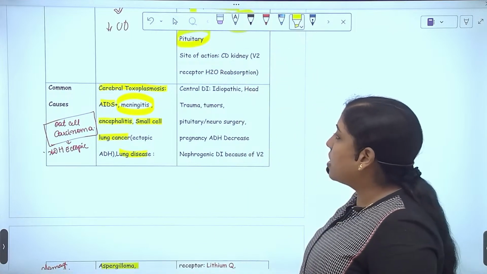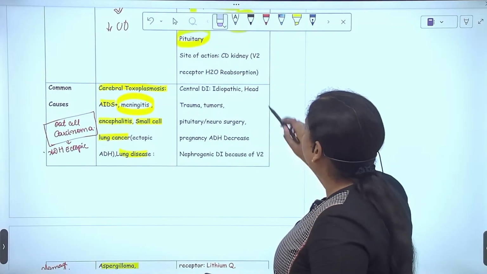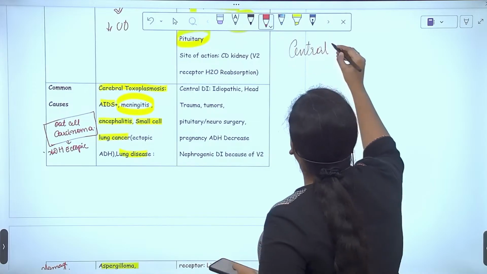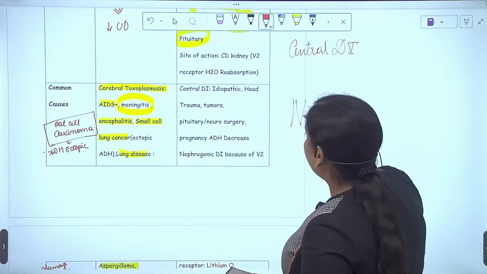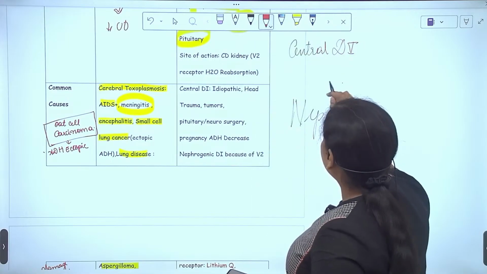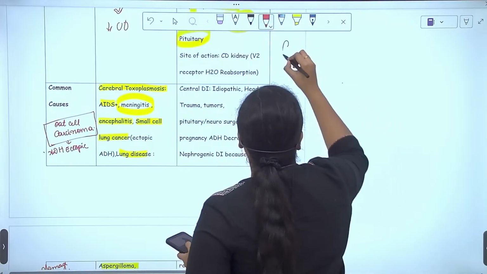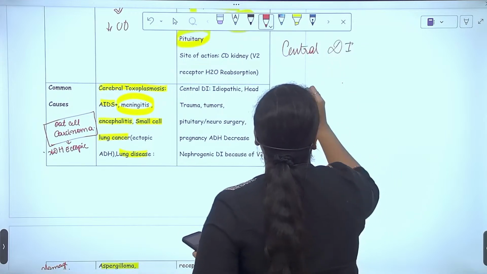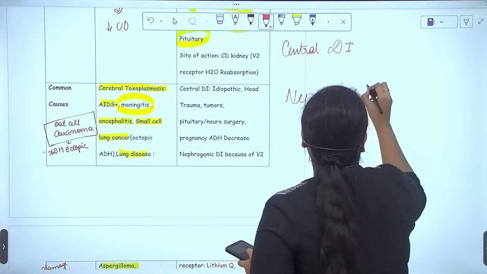The most important thing you have to remember is, diabetes insipidus has two types. One is central diabetes insipidus, and the other is nephrogenic diabetes insipidus.